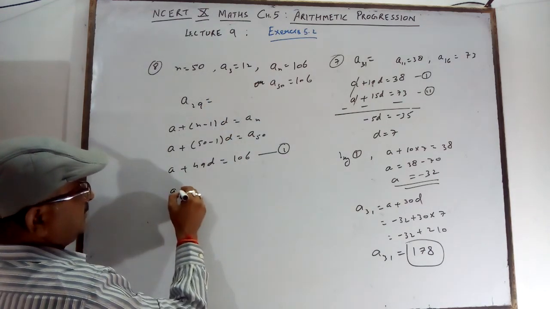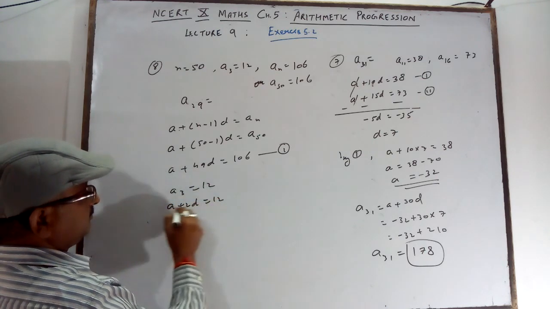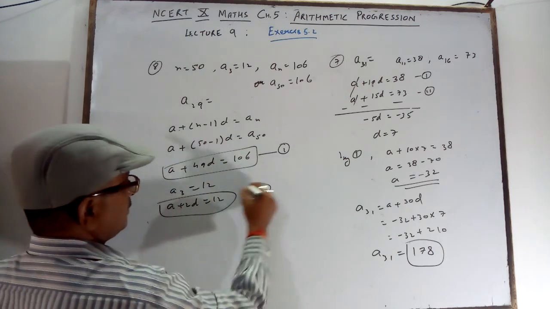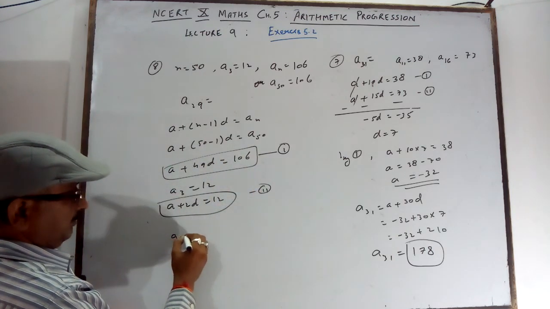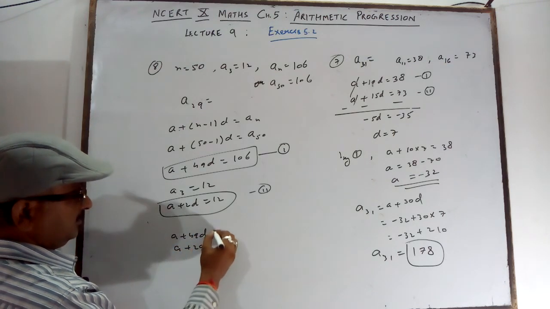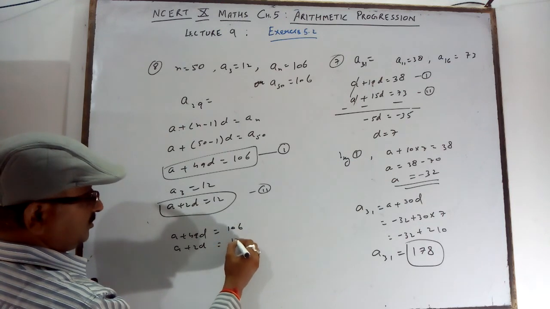A3 is 12 means A plus 2D is equal to 12. One equation this and one equation this, you solve. A plus 49D is 106 and A plus 2D is 12.